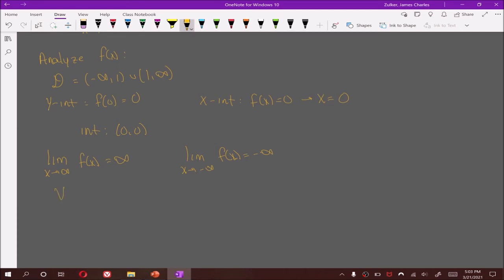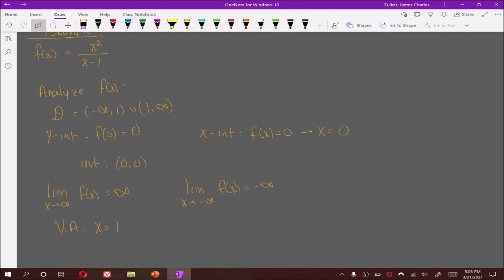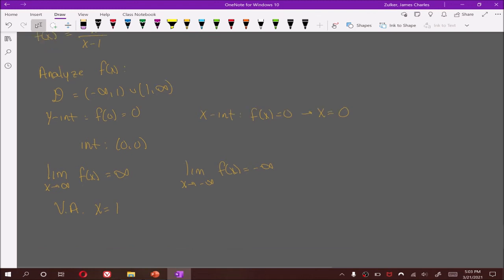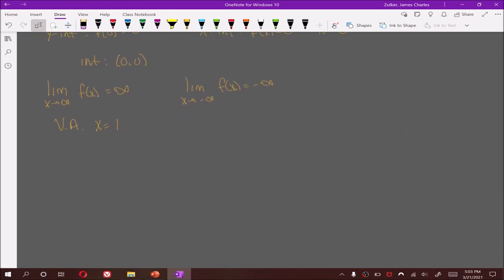We do have a vertical at x equals 1. We are going to have a slant asymptote, right? Remember from college algebra or pre-calculus, whichever one you took. A slant asymptote occurs when the rational function's numerator is 1 degree higher than its denominator. And to determine it, we just find the linear quotient.